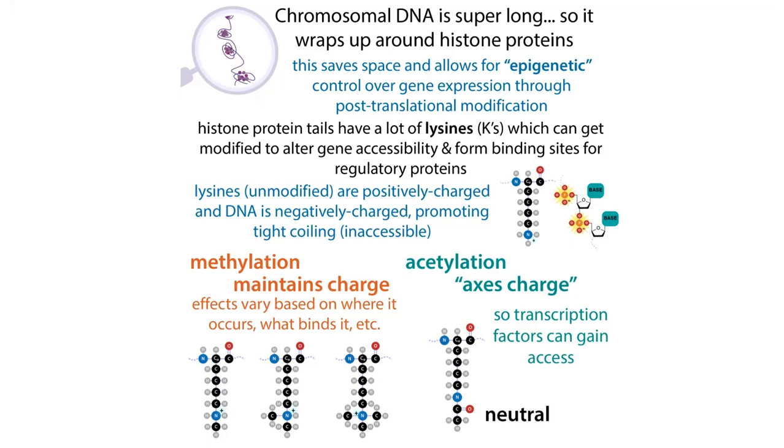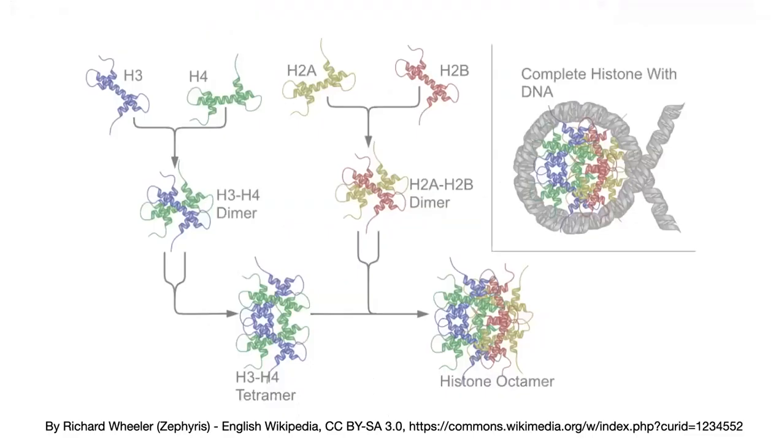There's lots of different lysines, as well as what else is around it and where it's located and all sorts of complicated things, but that's a big area of research, histone modifications. When we talk about histone modifications, we're talking about modifying the lysines in the histone proteins that the DNA is wound around. And this is one form of epigenetic modification, genetic information that's on top of the original sequence of DNA.